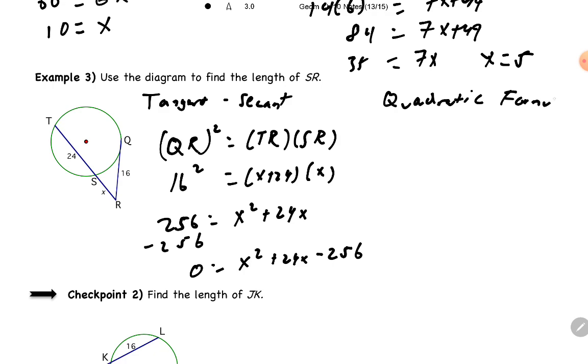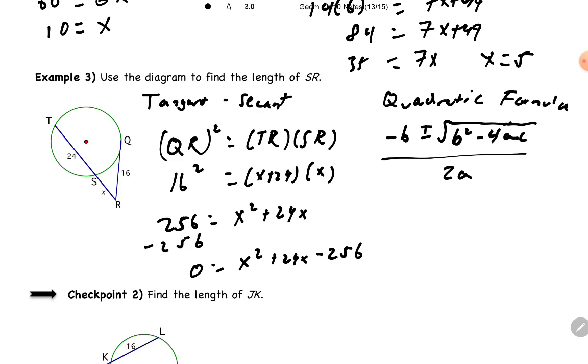And if you don't remember the quadratic formula, or if your math teacher hasn't taught you a song to remember it, negative b plus or minus the square root of b squared minus 4 times a times c all over 2a. I'm not going to sing the song, sorry.